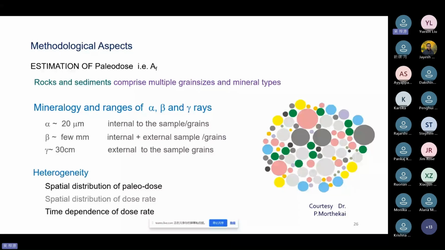And therefore, we have to make simplifying assumptions so that we talk in terms of heterogeneity, and we know how to cope with heterogeneity of paleodose, heterogeneity of dose rate, and time dependence of dose rate. We now deal with specific grain sizes, hopefully nearer to the mean grain size of the sediment, and then do all the calculations based on those grain sizes.